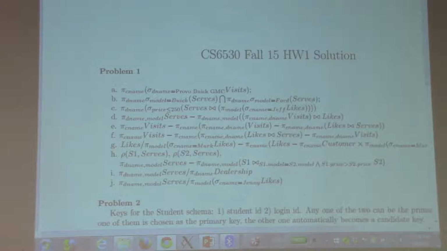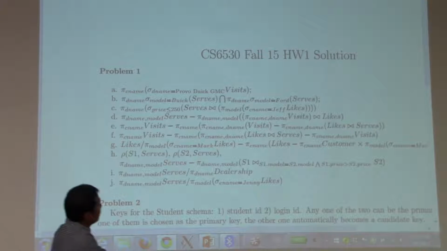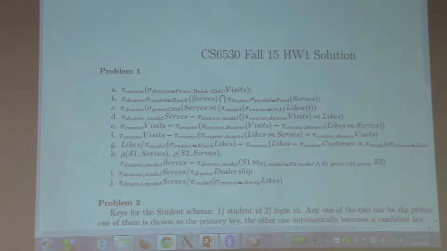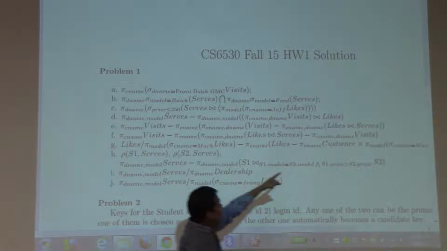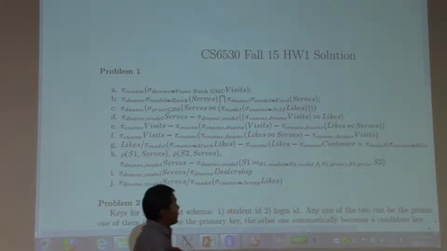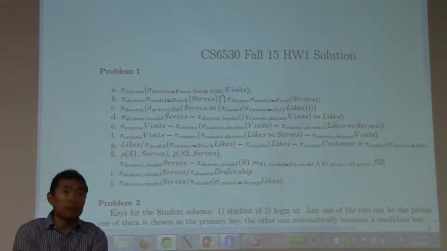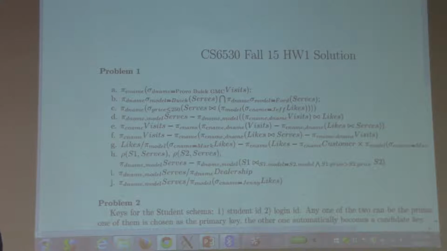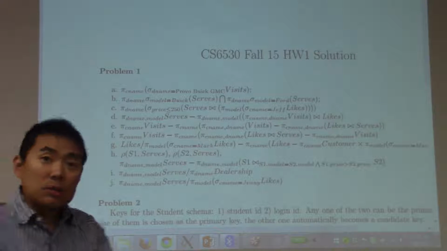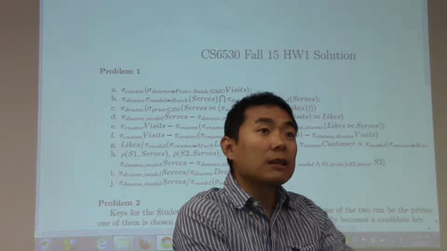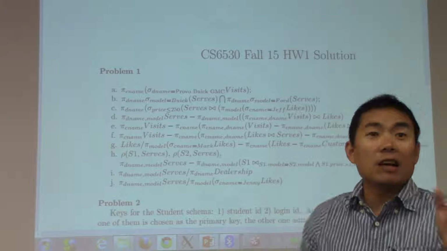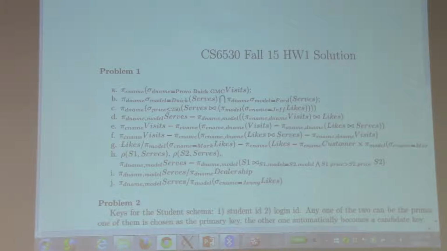Okay? Look at E. So this part, the natural join between likes and serves, putting out the customer name and dealer name, gives you all the possible combinations between customers and dealers such that this customer would like a dealer that serves at least one car he or she likes.